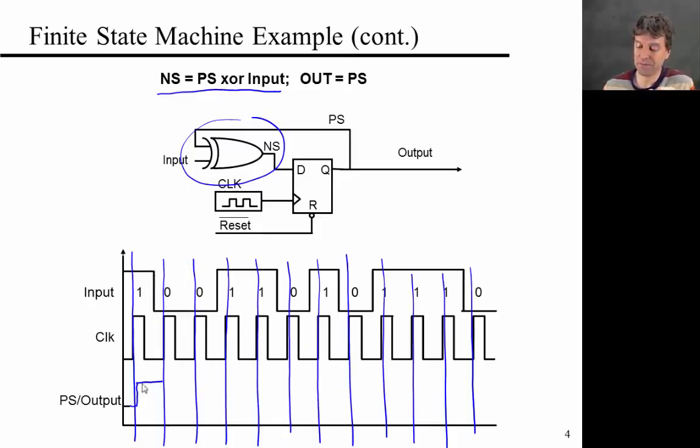And so now, present state is 1. But the input value here, somewhat before the clock edge, switched to 0. So again, I calculate the XOR of 1 and 0, which will remain 1, and so the next state, which was 1, becomes present state again in the next clock period.